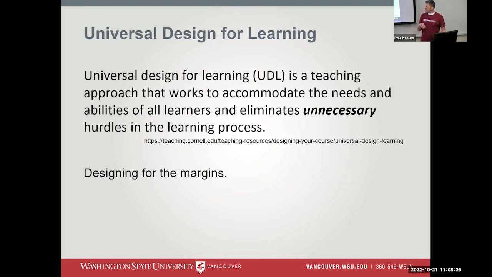I wanted to just highlight that unnecessary part, because there are hurdles to learning. Productive struggle is how you learn, when you struggle with something. So it's really this idea that yes, the students are going to struggle with things in your class, but let's not have them struggle with things that they don't have to, the things that are unnecessary or ancillary to your course.